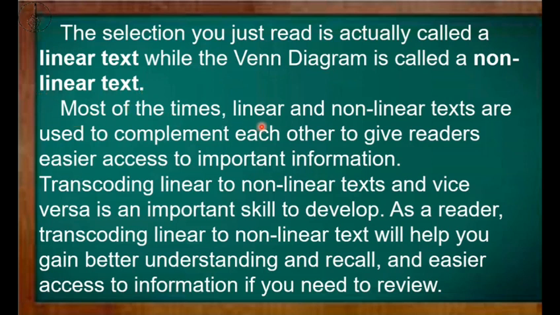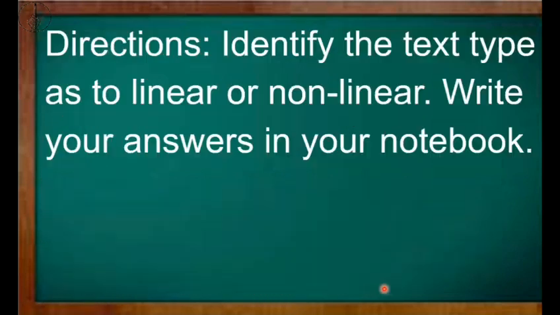Most of the time, linear and non-linear texts are used to complement each other to give readers easier access to important information. Transcoding linear to non-linear text and vice versa is an important skill to develop. As a reader, transcoding linear to non-linear text will help you gain better understanding and recall, and easier access to information if you need to review.